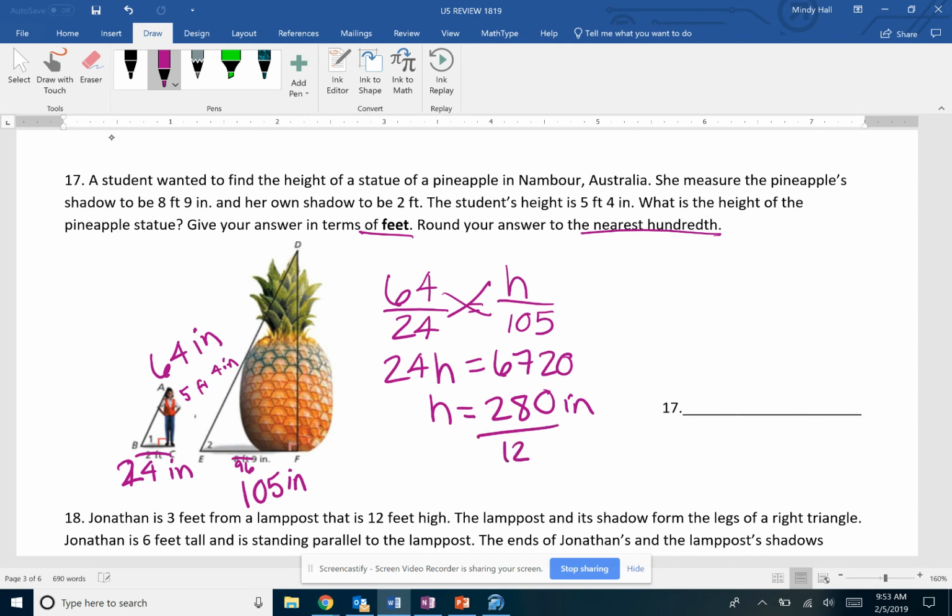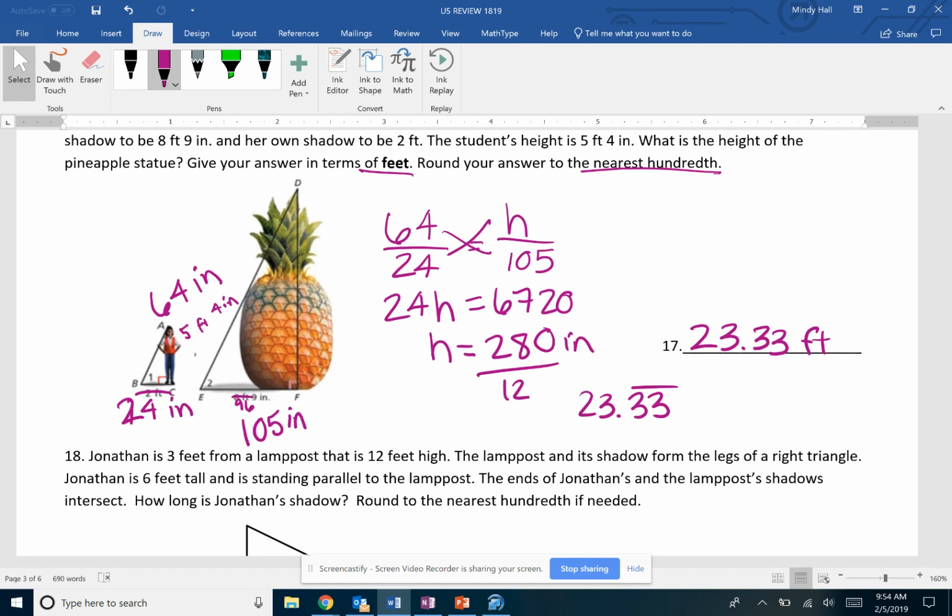So then you divide by 12 to get your feet, which gives you 23.33 repeating. So since they said nearest hundredth, I'm going to say it's 23.33 feet. And again, if they don't tell you to put the nearest hundredth, then you're going to put it as feet and inches, but if it does say hundredth, then you can just leave it as a decimal.